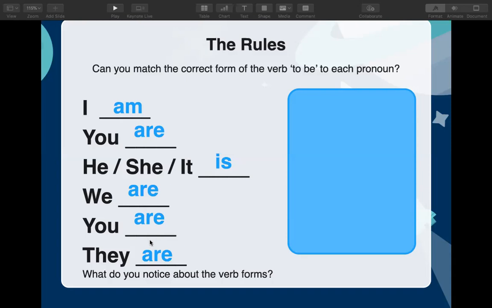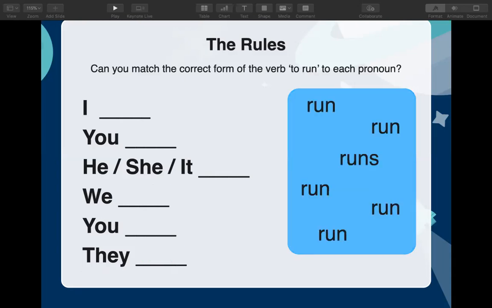So for example, if we use I, we, you or they, the verb does not change here. I, we, you, they. Oh, sorry, this is for the next one. Now, can you match the correct form of the verb? Yes, the form of the verb changes depending on the subject. Here.